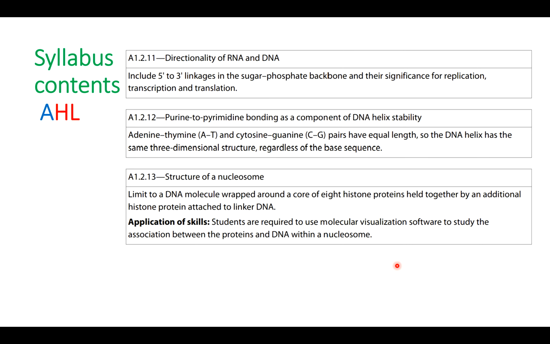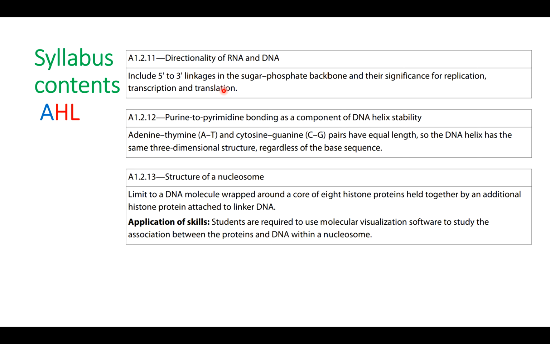Then we will talk about the additional HL part of the topic, which consists of directionality of the DNA and RNA molecule. We'll talk about the 5' to 3' linkage in the DNA and RNA molecule in terms of DNA replication, in terms of transcription, and in terms of translation.